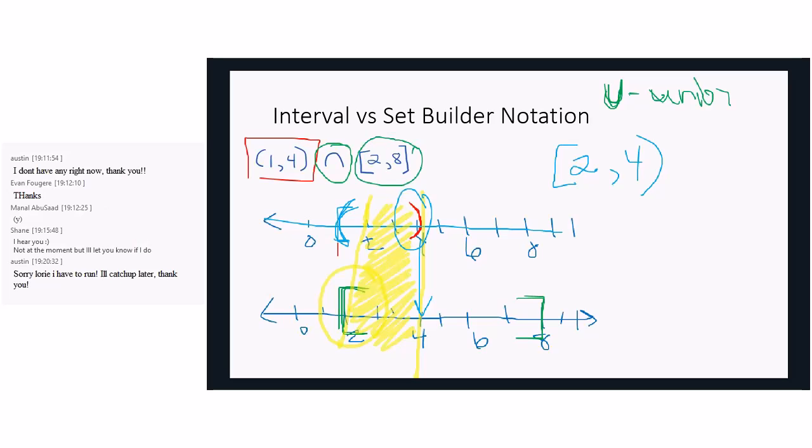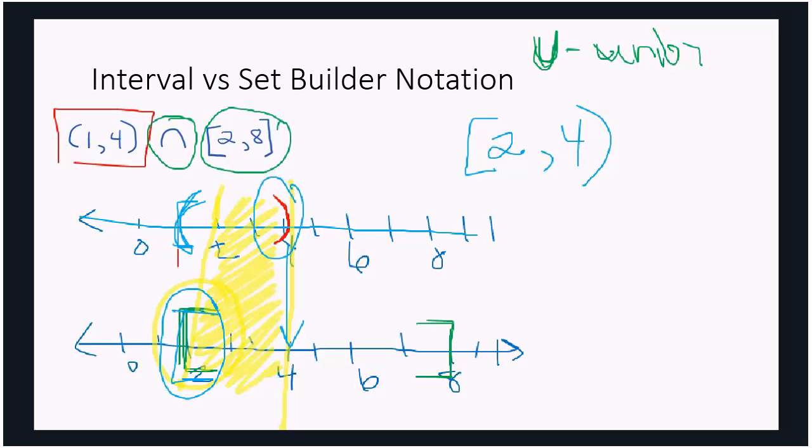My 2 had a square bracket because it's found in both sets, and there's a square bracket in the second set, so it's included. The 4 is part of both sets, but because in the first set it's not considered included, I have to finish this interval with a round bracket. So this is the answer to just the interval notation, if that's what they were asking for. So that's the interval notation.